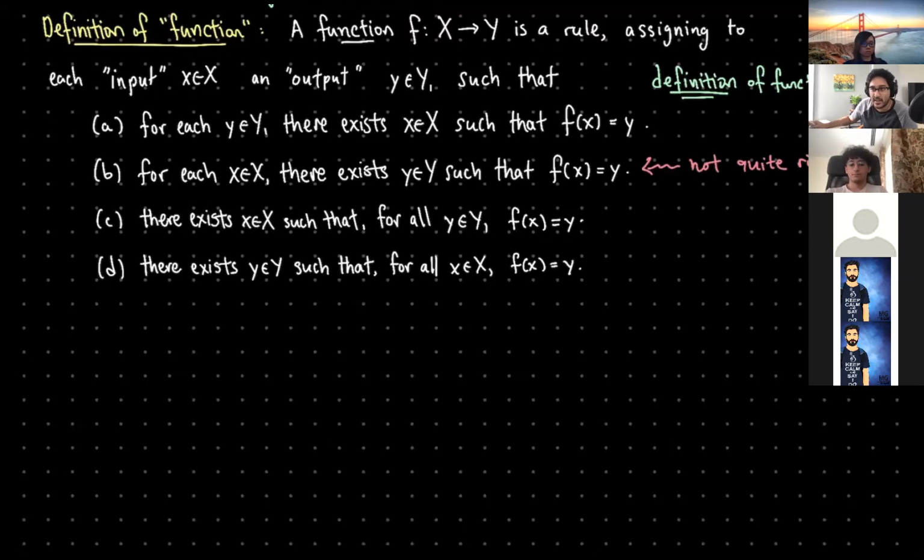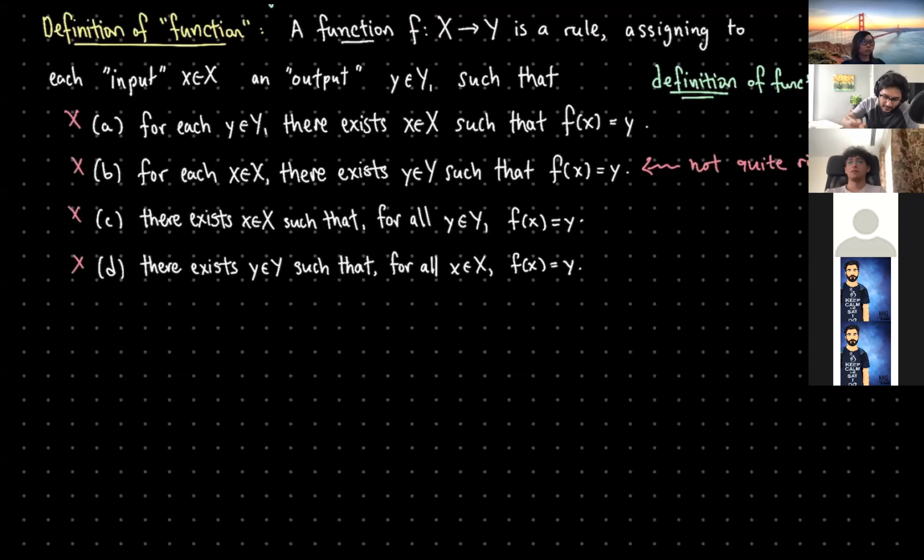Does anybody want to point out what's wrong with B? Chat is moving slow. People are not sure. Oh, okay. Excellent. Unique. Exactly. B isn't quite right. Actually, none of these really reflect the definition of a function.